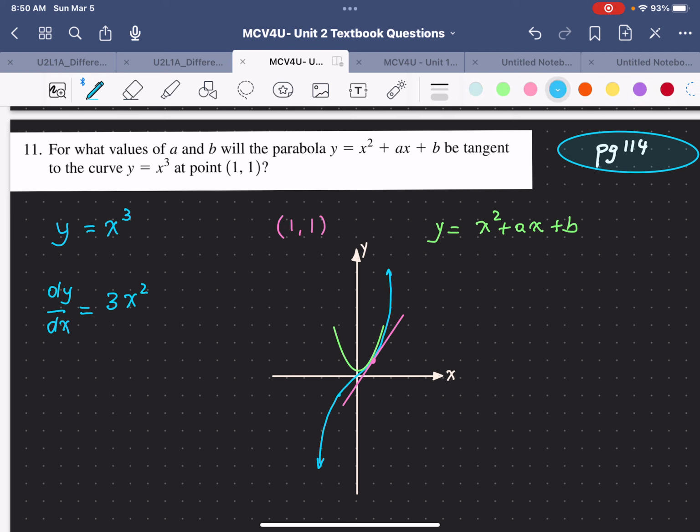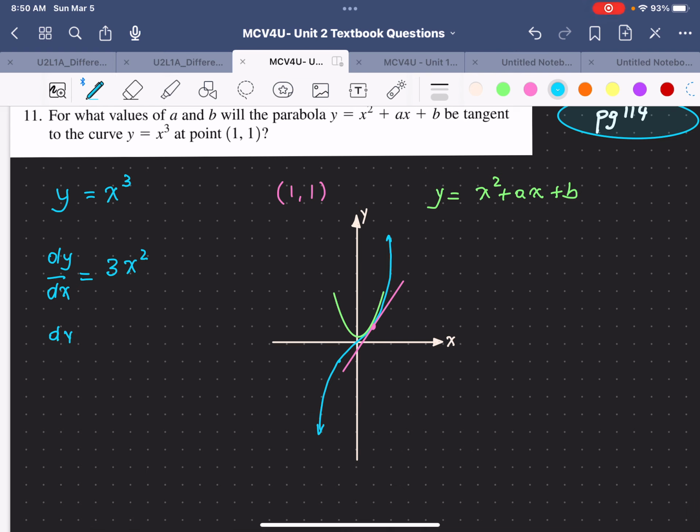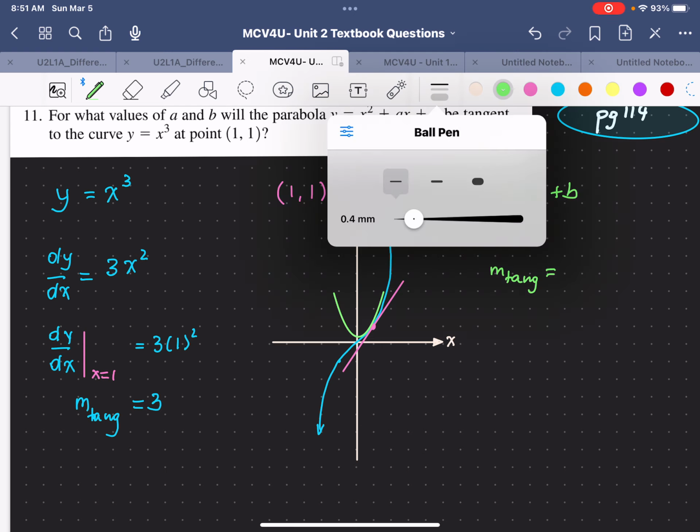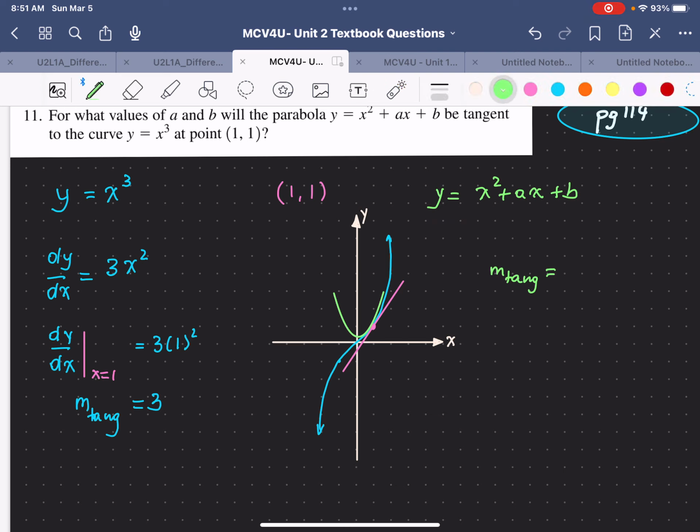And we'll say that the derivative exactly at x equals 1, that's where we are drawing the tangent, would be equal to 3 times 1 to the power of 2, and that will make the slope of the tangent equal to 3. So since the slope of the tangent on y equals x cubed equals 3, then the slope of the tangent on the parabola here will also be equal to 3.